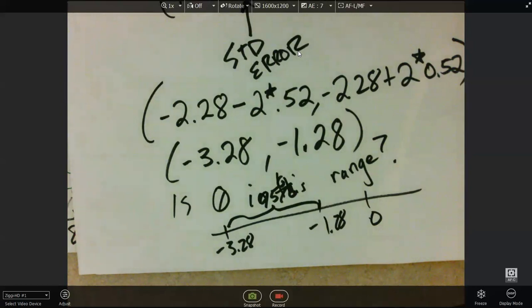Either one of them is fine. You either have to take the coefficient, divide it by the standard error, compare it to 2, or calculate the confidence interval and see, is it completely to one side of 0, right? Is it all in the negative zone? Is it all in the positive zone? Then we can reject the null hypothesis that it's equal to 0.